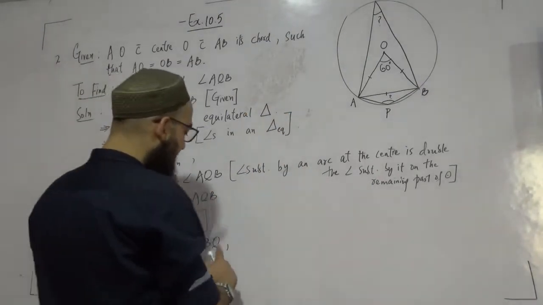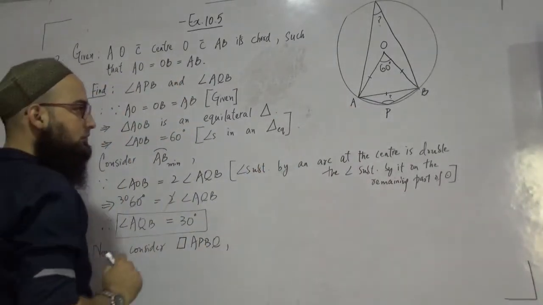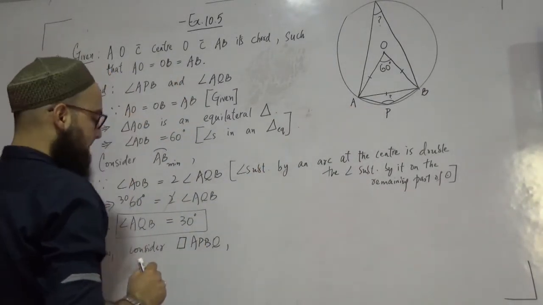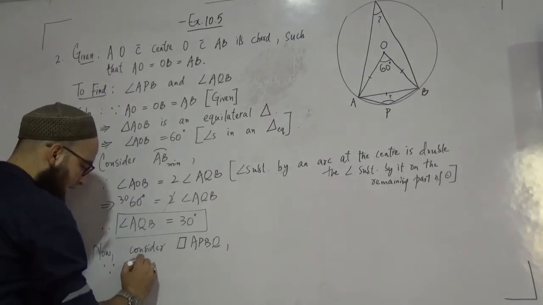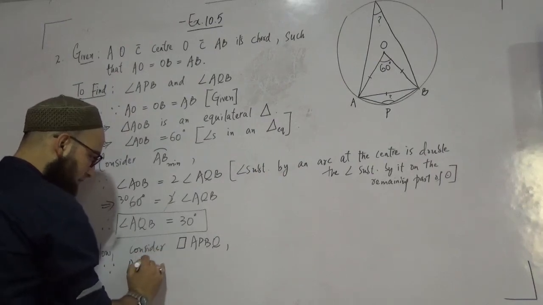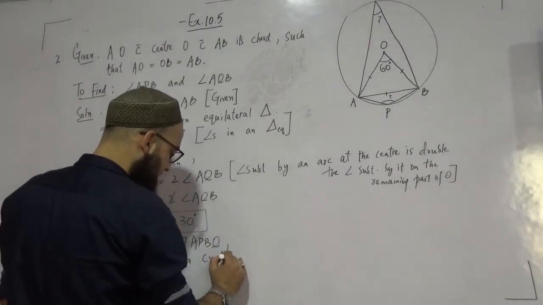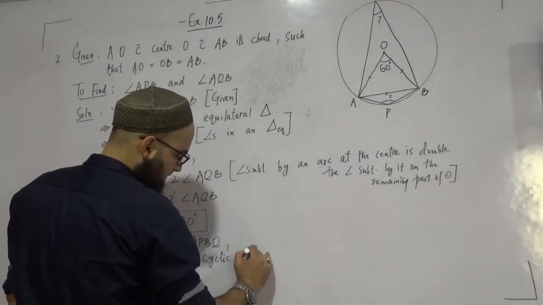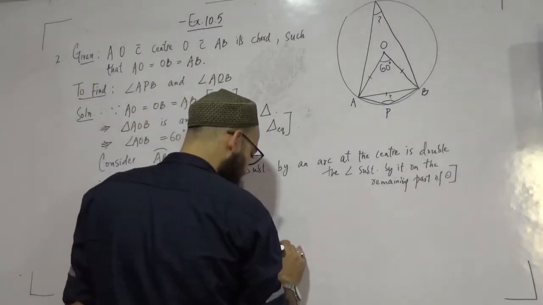Consider quadrilateral APBQ. Since APBQ is a cyclic quadrilateral. Why?